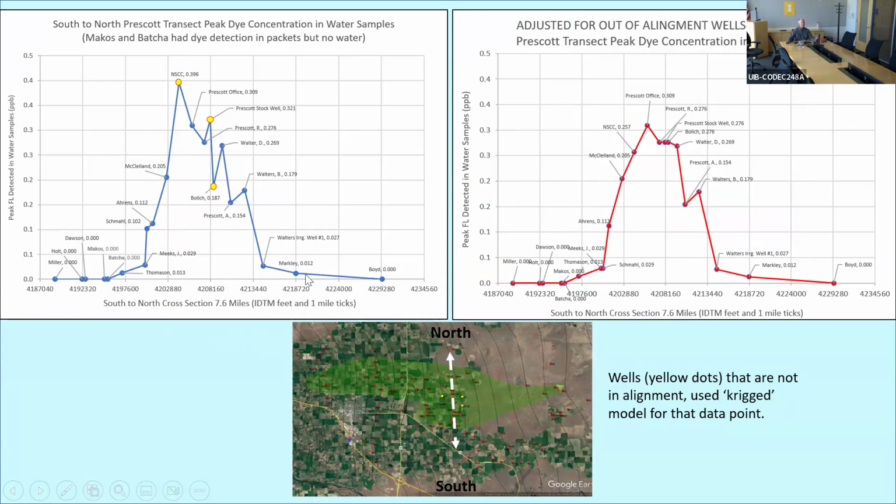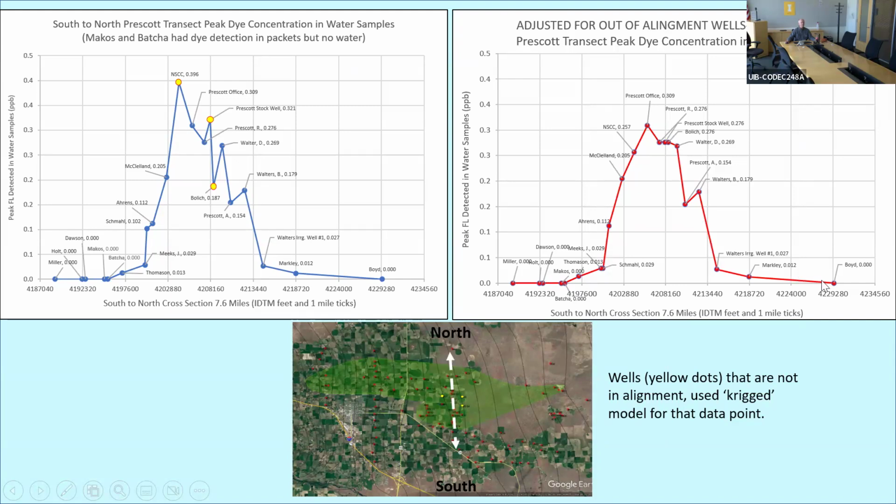These yellow data points are out of alignment, so how we dealt with that is we modeled all this data in here, and then used the modeled data to bring them back into alignment. Then that modeled data for just those 3 data points is plotted on the right.